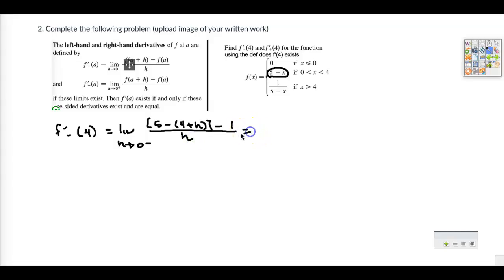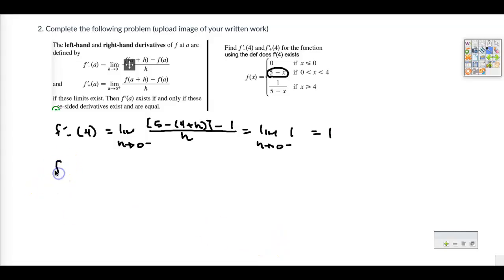And therefore, you notice here that the 5's will cancel. So you're going to get the limit as h approaches 0 from the left. The h's cancel, so you get a 1.